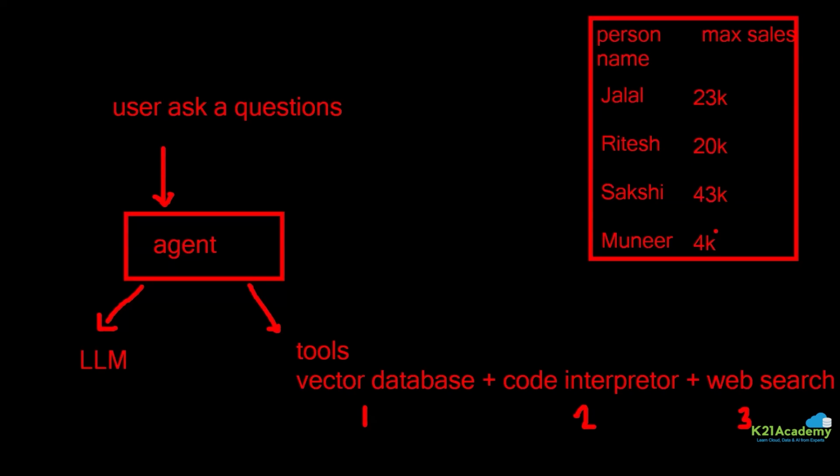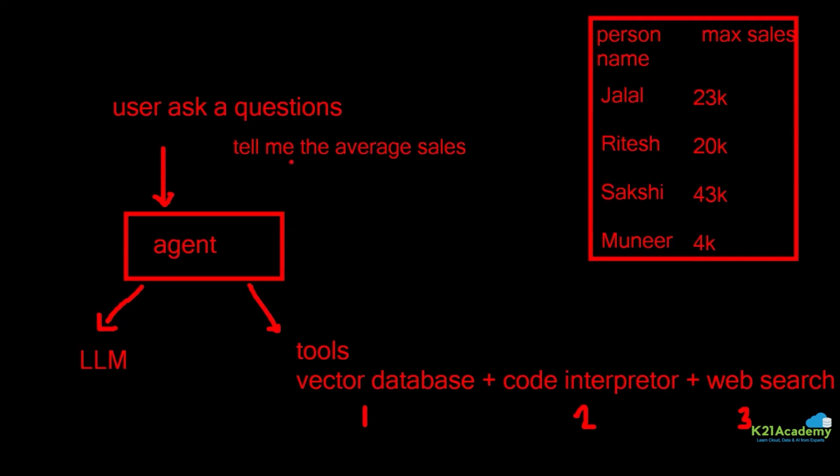Now suppose I go ahead and say, draw a bar chart. What I'm trying to say is, the user says, give me a bar chart for people, or I'll put it this way, tell me the average sale. Now when I say tell me the average sale, what are we looking to do?